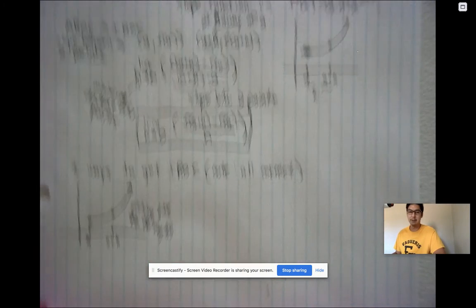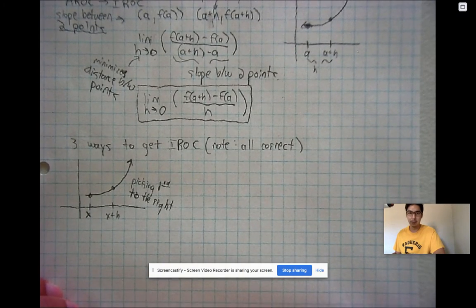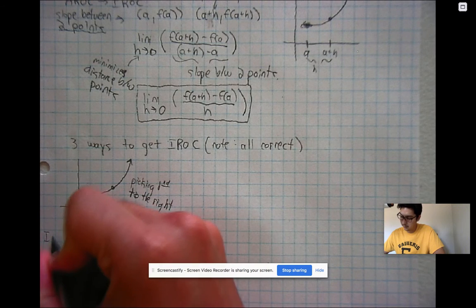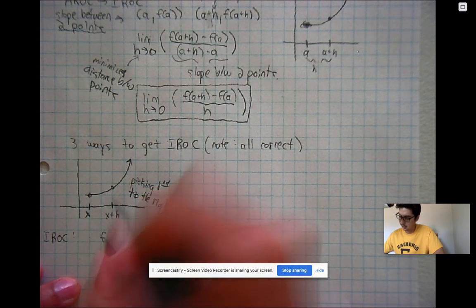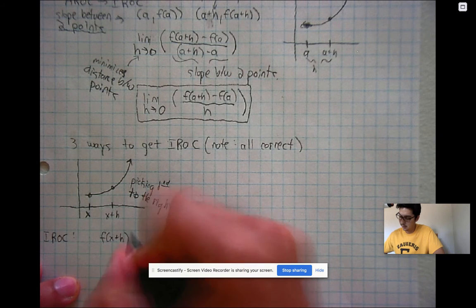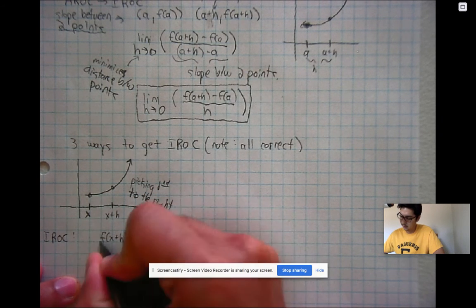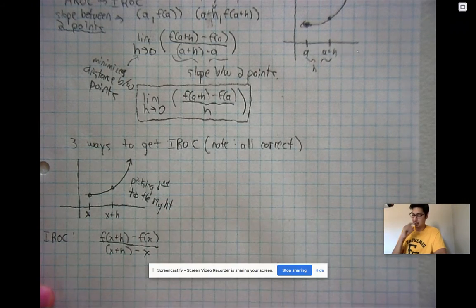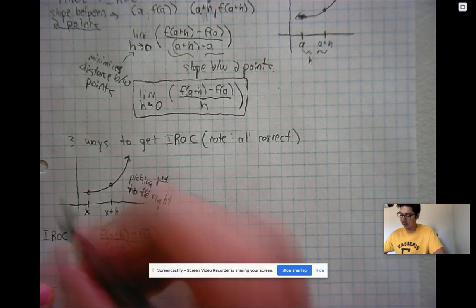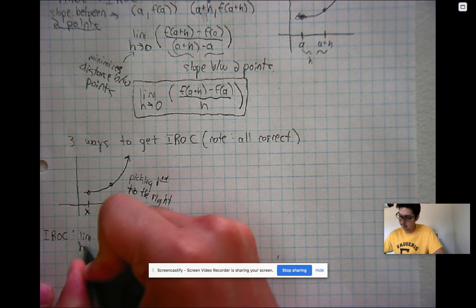And the way you can get IROC in this situation is it's the slope between these 2 points. So it's going to be f of x plus h minus f of x over x plus h minus x. And then the way you get the instant rate of change is you just have the limit approach 0.